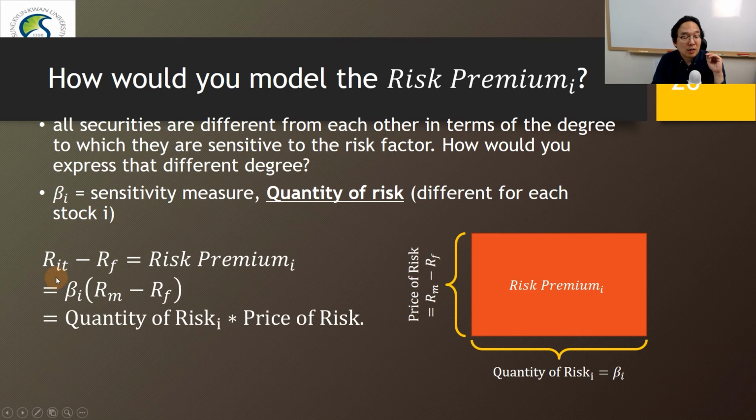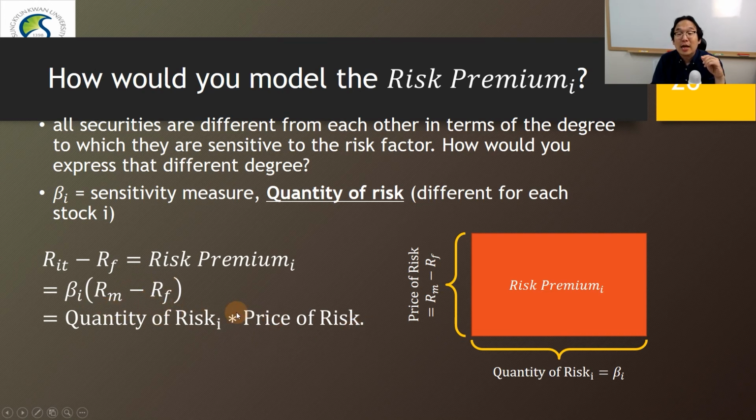So when you look at the risk premium of each different stock i, Tesla's risk premium, which is Tesla's expected return minus the risk-free rate, then this is none other than beta times the market risk premium, which is the quantity of risk, beta i, times the price of risk, right?